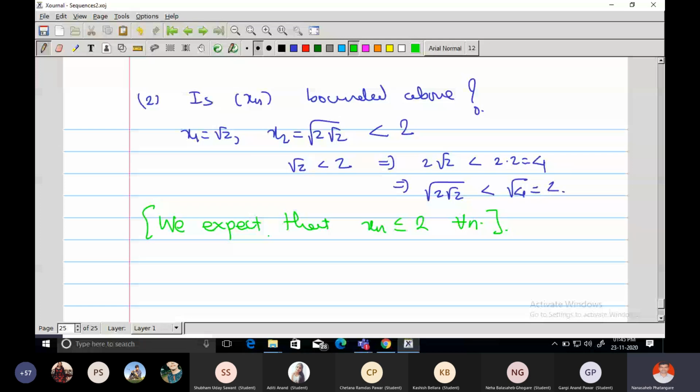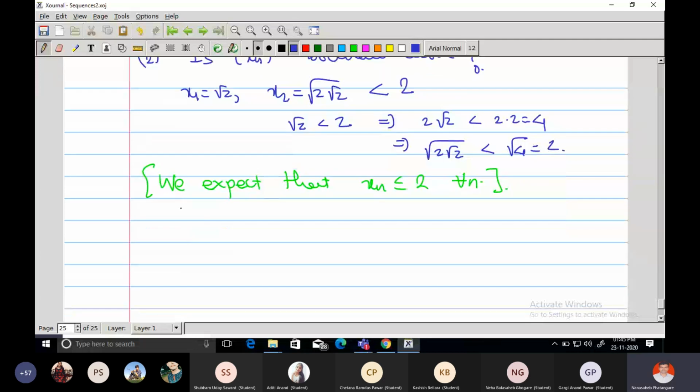So what strategy should we follow? Induction, right? Because we want to prove that something is true for all n. So naturally, which strategy is useful? Induction. Correct?